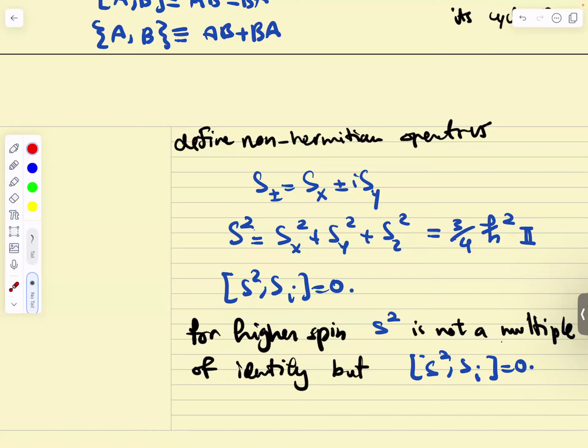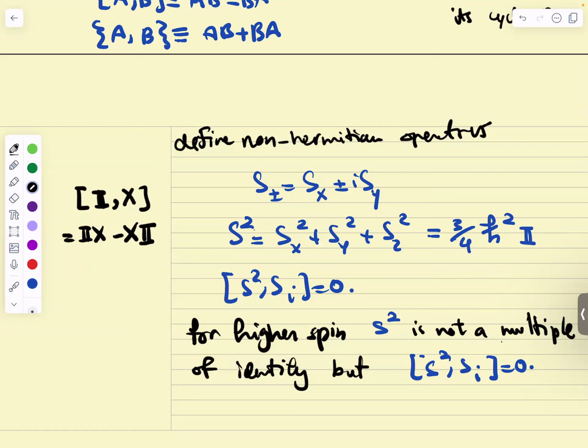The identity and any matrix commute. Why is that? The identity and any operator commute. Take some arbitrary matrix X. What is the commutator? This is I X minus X I. What is I X?